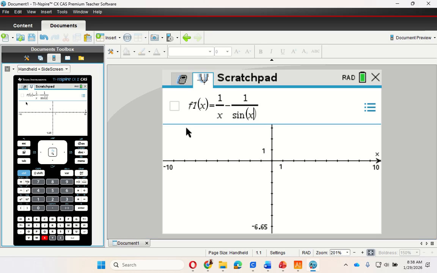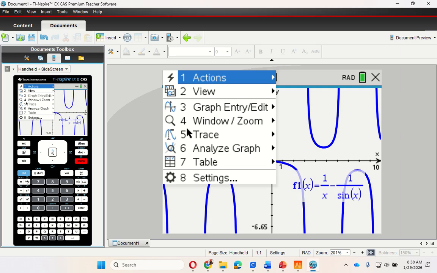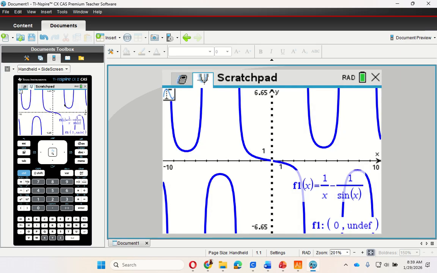So what am I trying to prove here? What am I approaching? I'm approaching 0, the limit, right? So the limit as x approaches 0 from which side? From the right-hand side. So I could actually hit trace, menu, trace, graph.